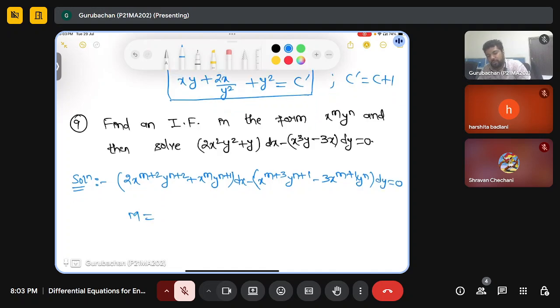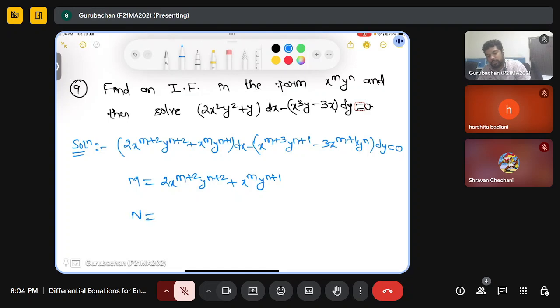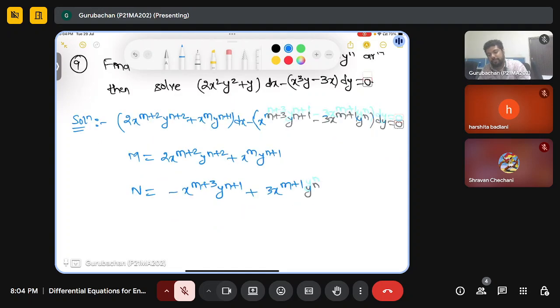So our M will be 2x^(n+2) y^(n+2), and our N will be minus (n plus 3)(n plus 1) plus (n plus 1)n.